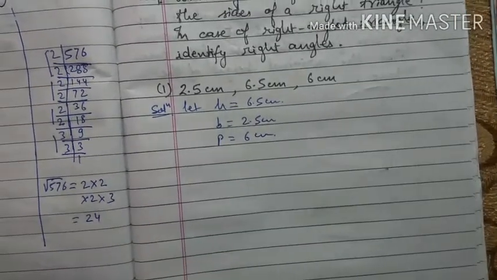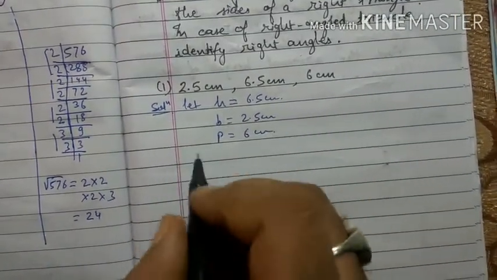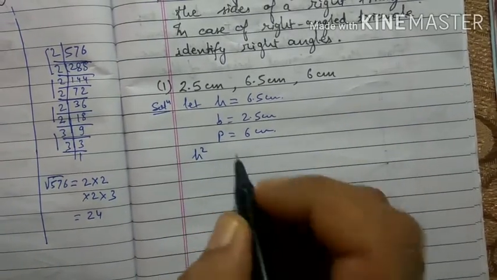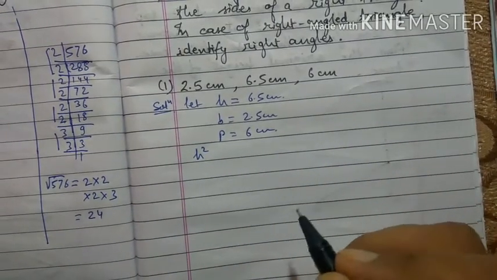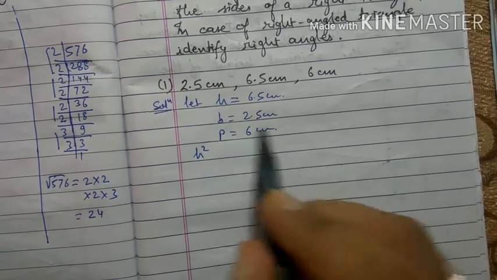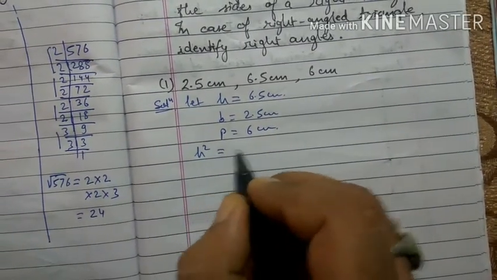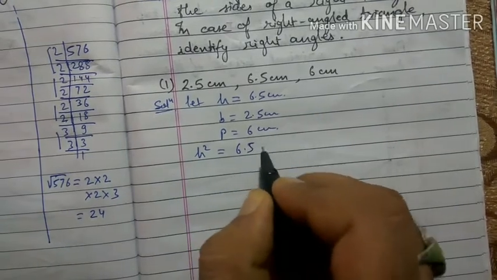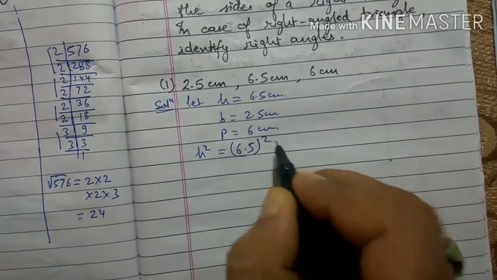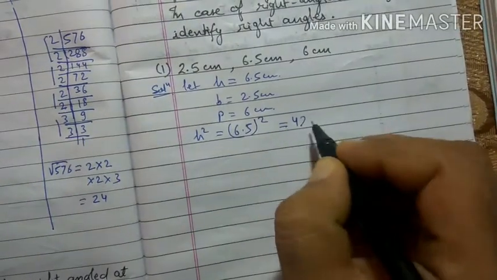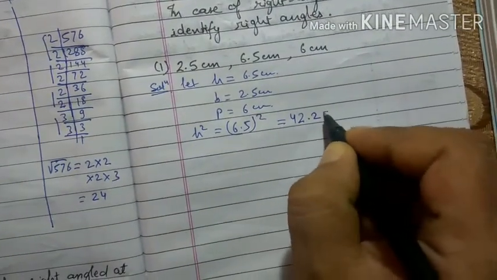Now if it follows the Pythagoras theorem, that is h square is equal to p square plus b square, then it is a right angle triangle. These are the sides of a right angle triangle. So now we have to check h square is equal to square of 6.5, and 6.5 square is 42.25.